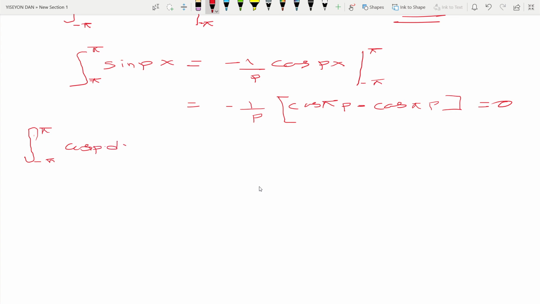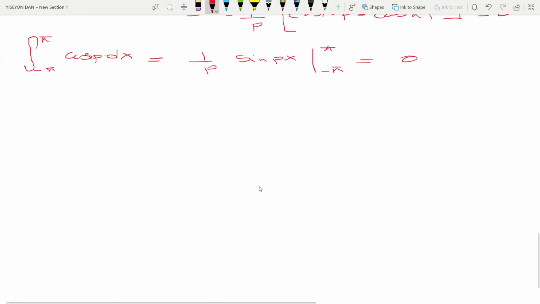This is going to be 1 over p sine px from minus pi to pi, and when you solve for this as well, the answer is also 0.